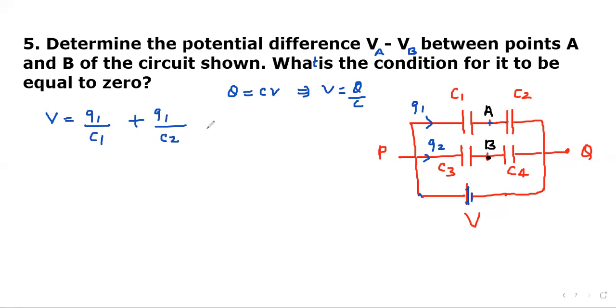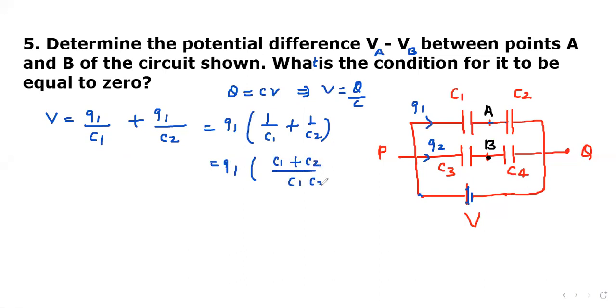From where we can write Q1 times (1 upon C1 plus 1 upon C2), or Q1 times (C1 plus C2) divided by C1 C2, which is V. Our concern is to get Q1. So let's write it: Q1 equal to V times C1 C2 divided by C1 plus C2.